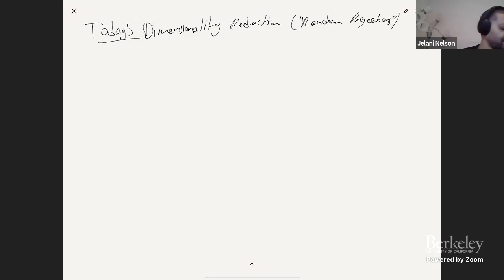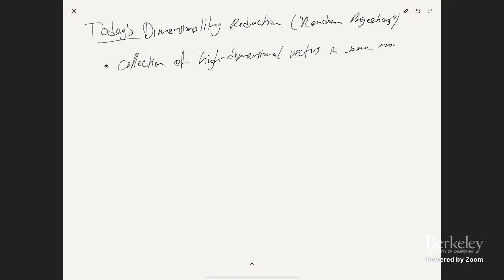So what I'm going to focus on is the following. We have a collection of high-dimensional vectors in some normed space. Let's say x1 up to xn in R^D. Think of D as large.